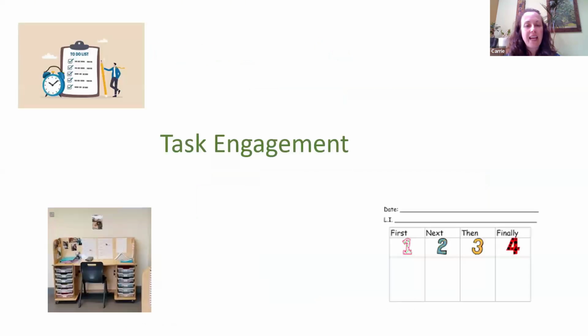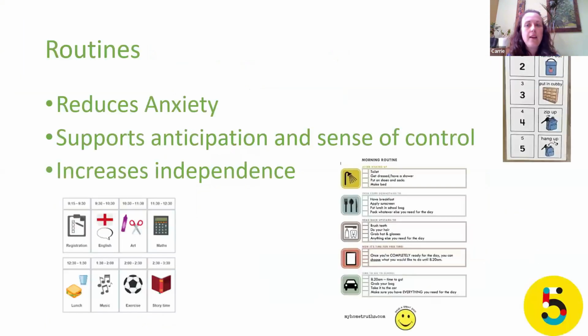So we're now going to move on and think a little bit about task engagement and how we can support our autistic learners with engaging in tasks. Routines are really, really important for our autistic learners. It helps to reduce their anxiety when they know what's going on.